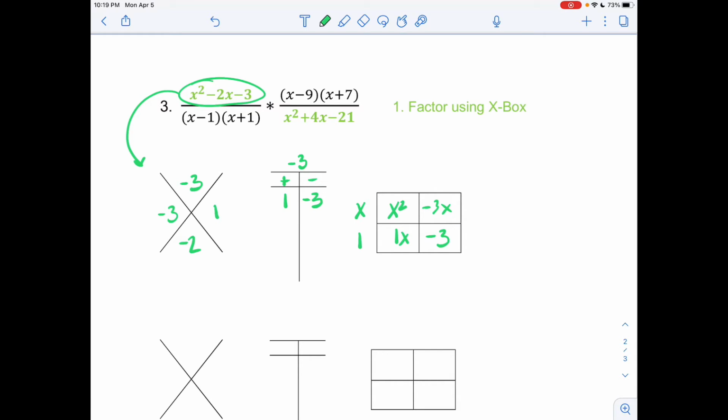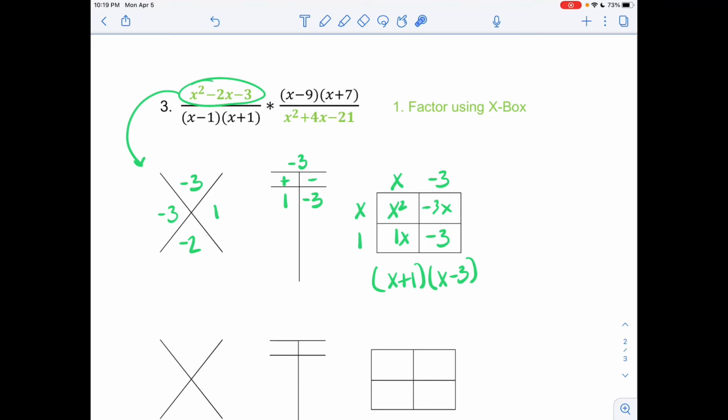And then x squared and 1x will be an x. -3x and -3 will be a -3. Remember that the negative sign comes because this box has a negative, so this has to have a negative right next to it. So my factors will be x plus 1 and x minus 3. So that takes care of this one.